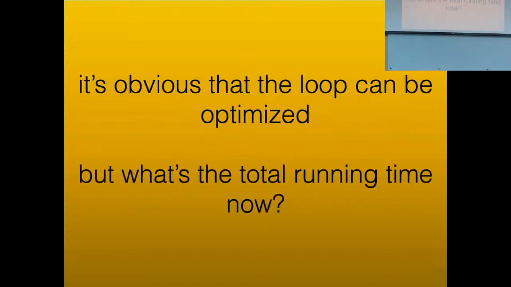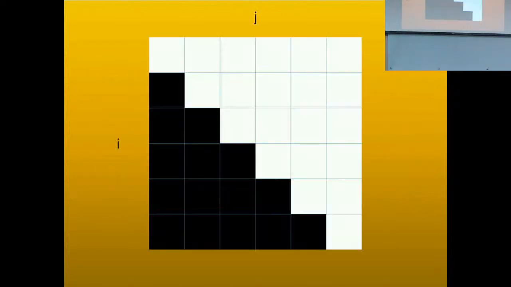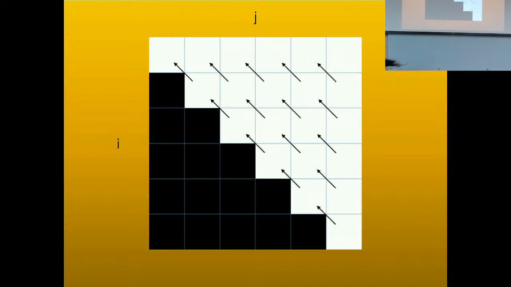Yeah, so it's obvious that the loop can be optimized. What's the total running time? So yeah, let's say this is i, this is j, and each of these cells is the value of OPT ij. So this cell is OPT 5,6, let's say, right? And then to compute this, we only look from OPT this to OPT this, OPT i,j-1 to OPT i+1,j.